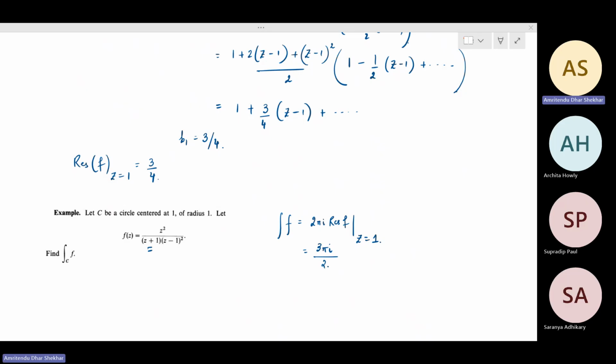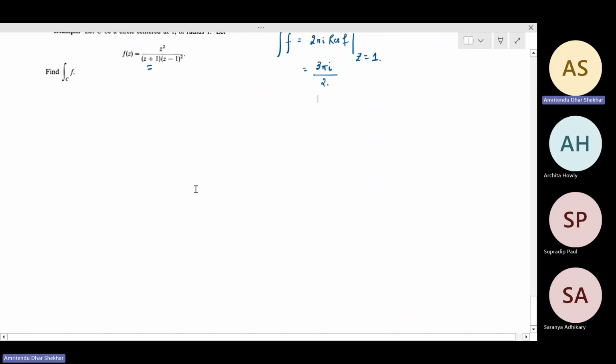Okay, let us look at this problem. The idea is as follows. Let me just write down the residue formula. Maybe you know this already, but let's just write it down.